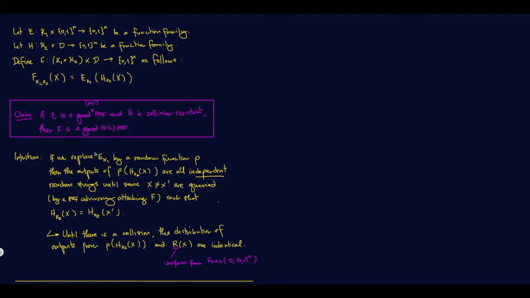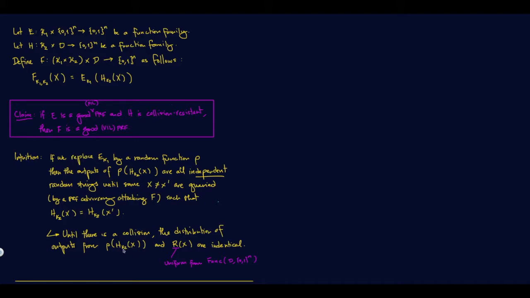And the intuition for why this is true is pretty strong, right? The idea is, look, if E is truly a good PRF, then we can think of replacing it by a random function rho. Now, until you find a collision in H, all of the inputs to rho are distinct, which means that you're getting outputs of this information theoretic construction rho running on the outputs of the hash function.